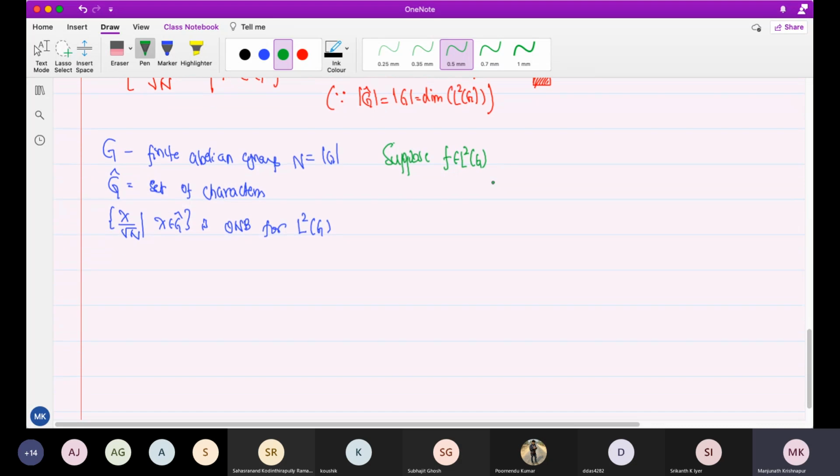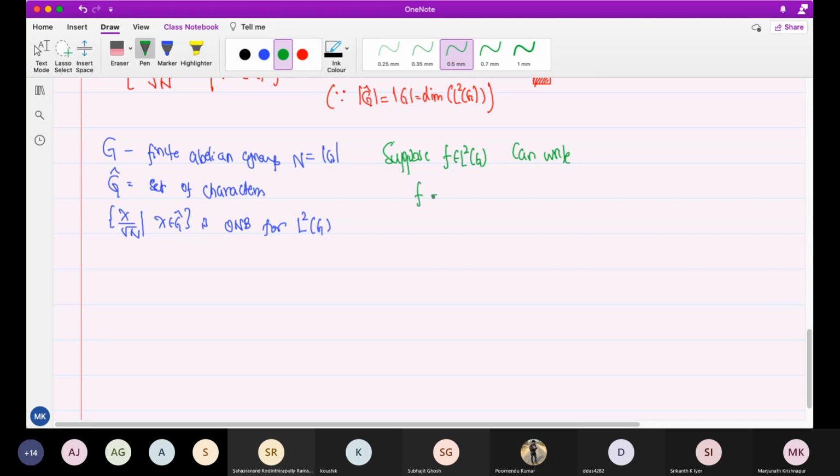So suppose f is in L2 of G, then we can write f as a sum over chi in G hat of f inner product chi over square root n, times chi over root n.